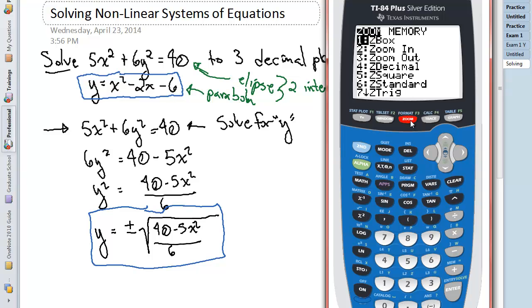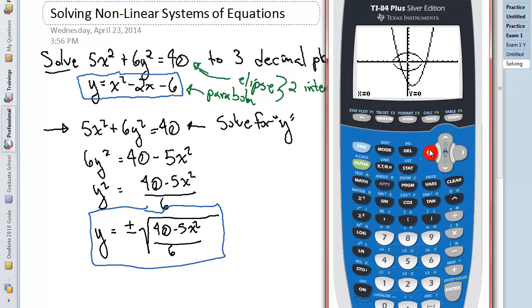I'm going to zoom in, and I want to zoom a box. I'm going to scroll over to where this upper value is, make sure it's in there, and hit enter.